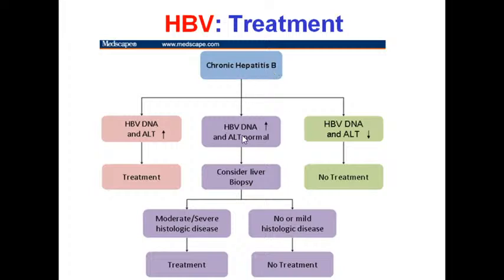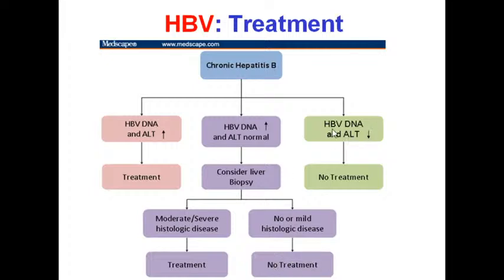If we have hepatitis B virus DNA and ALT is normal, we consider a liver biopsy. If severe histological disease is demonstrated, we need treatment. If we have no or very mild histologic disease, there's no treatment.